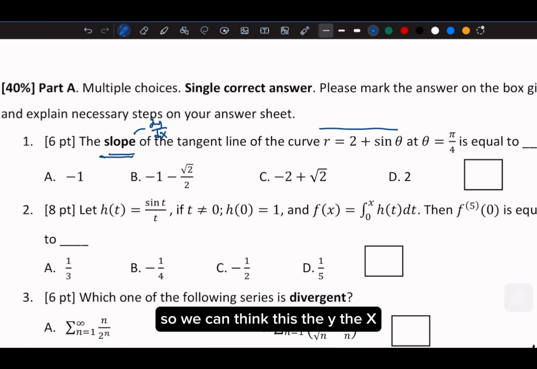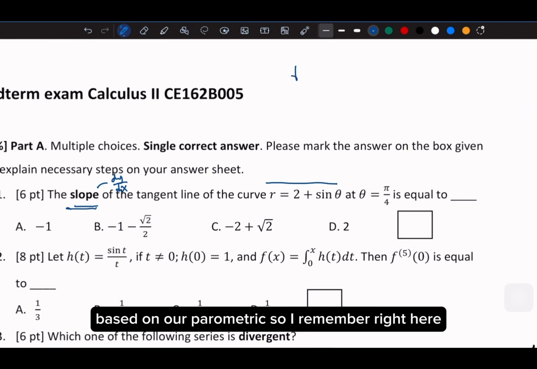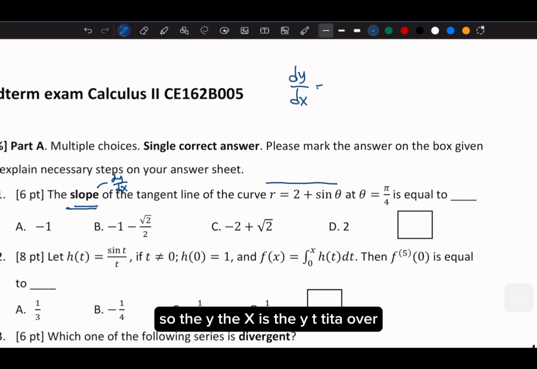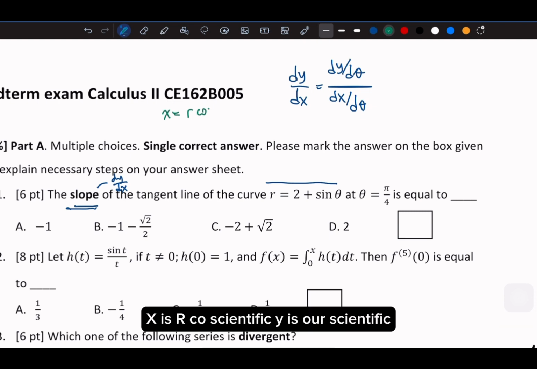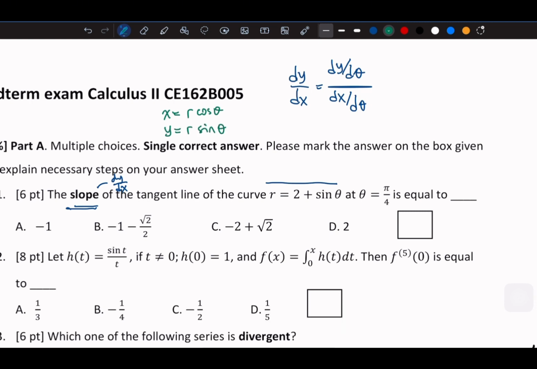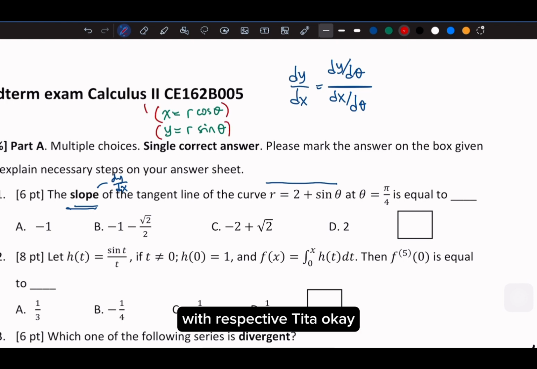So we can think of this dy dx based on our parametric. I'm going to write here: dy dx is dy d theta over dx d theta. And x and y we can get from x is r cosine theta, y is r sine theta. Then we need to differentiate these two with respect to theta.